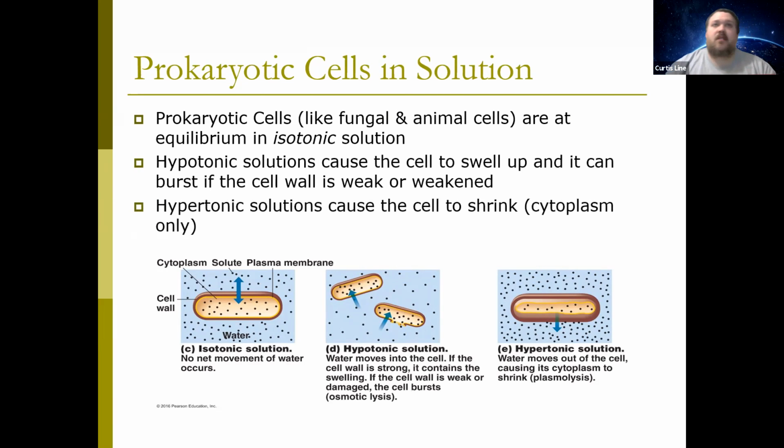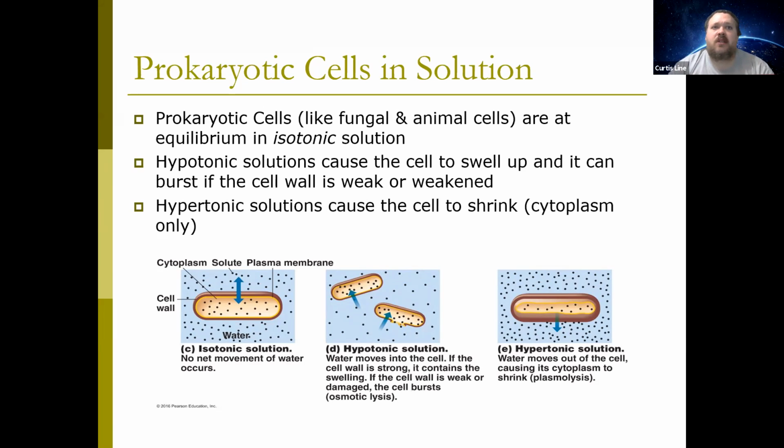So again, definitely a topic you should have covered in A&P1. We're going to do a little bit of a reminder because, just like eukaryotic cells, prokaryotic cells are affected by their environment. And similar to us, animal cells or human cells, however you want to look at it, prokaryotic cells want to be in an isotonic solution.